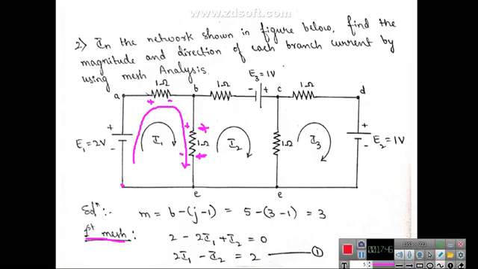Now if you rearrange, 2I1 minus I2 is equal to 2. This is your mesh equation number 1. Similarly, you can write mesh equation 2.